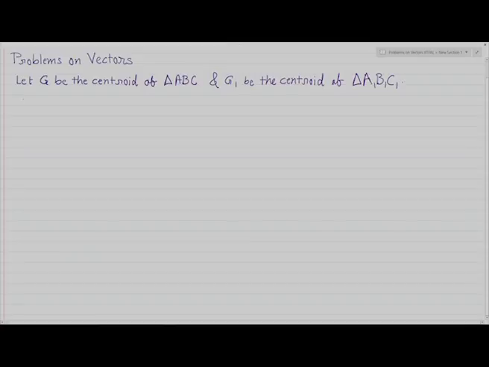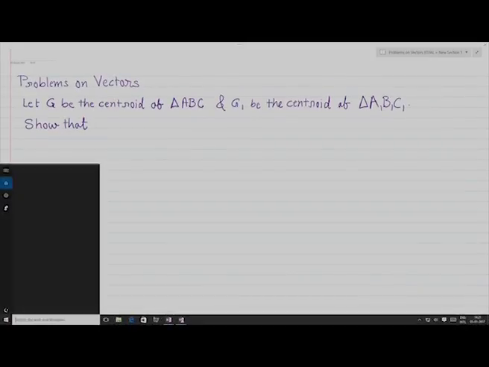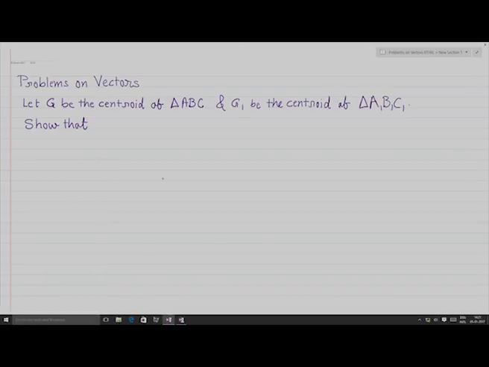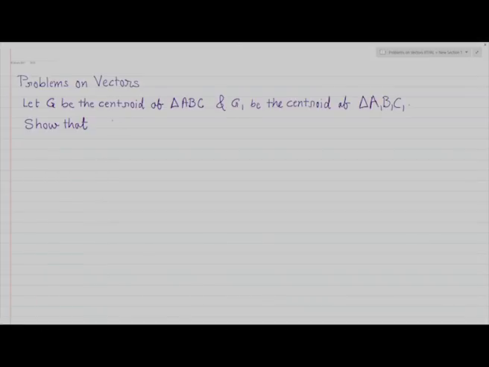Then we are asked to show that A1 vector plus B1 vector plus C1 vector is equal to 3 times G1 vector.